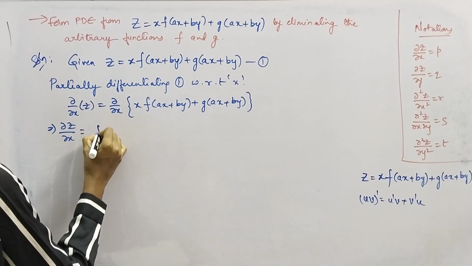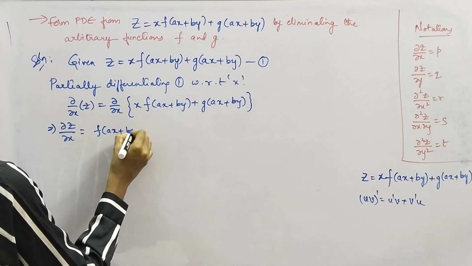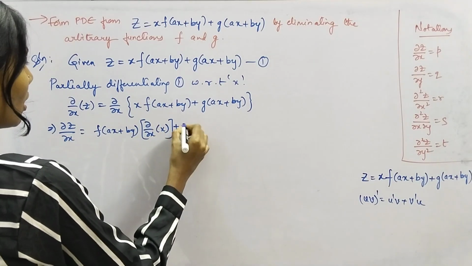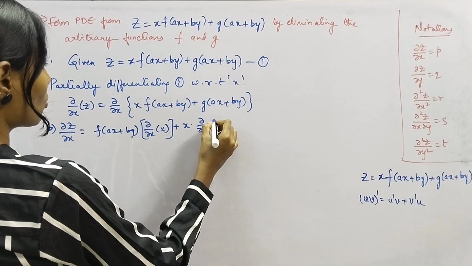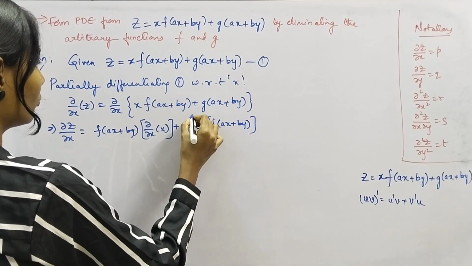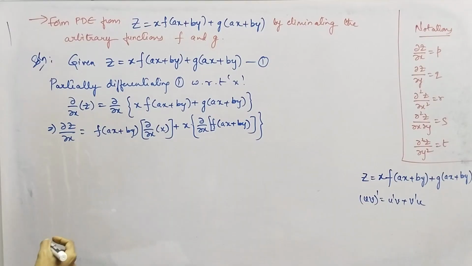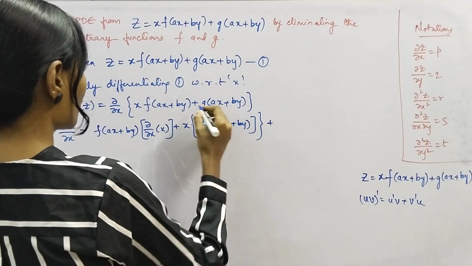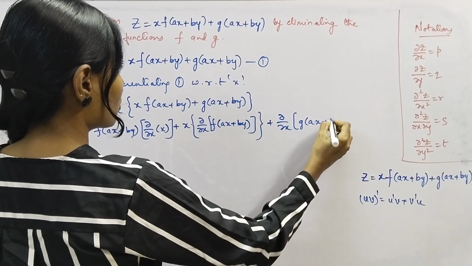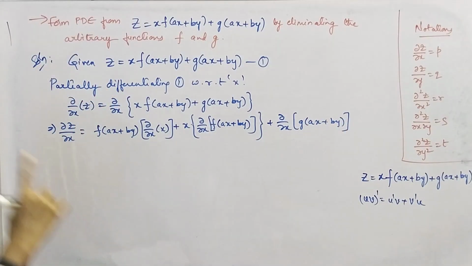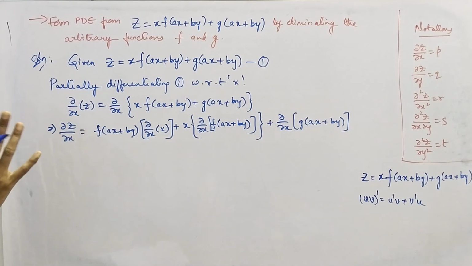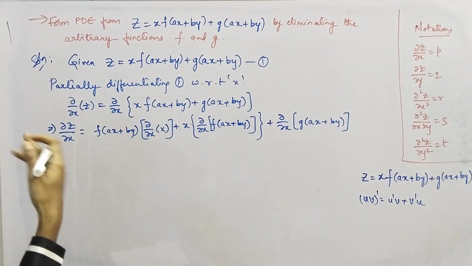This gives us f of ax plus by into dou by dou x of x plus x into dou by dou x of f of ax plus by, plus partial derivative of g of ax plus by. See, you can do directly, okay? It's not necessary to write these two steps. You can just do directly. If you are really good at partial derivatives, just do directly.